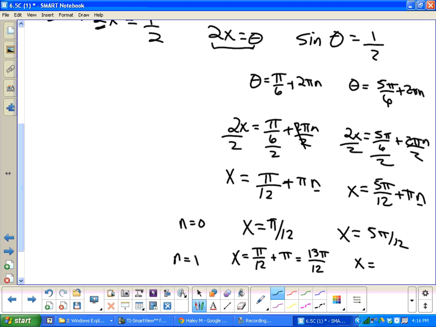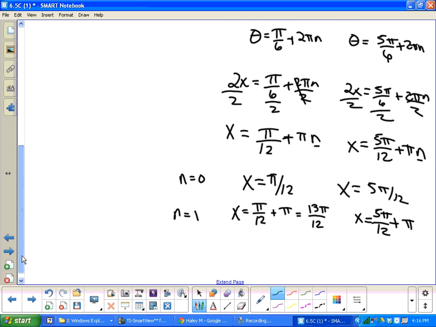Now, let's do the other one here. Again, we're going to let n equal 1. So we're going to get 5 pi over 12 plus pi. And so that's like saying 5 pi over 12 plus 12 pi over 12 would be 17 pi over 12.